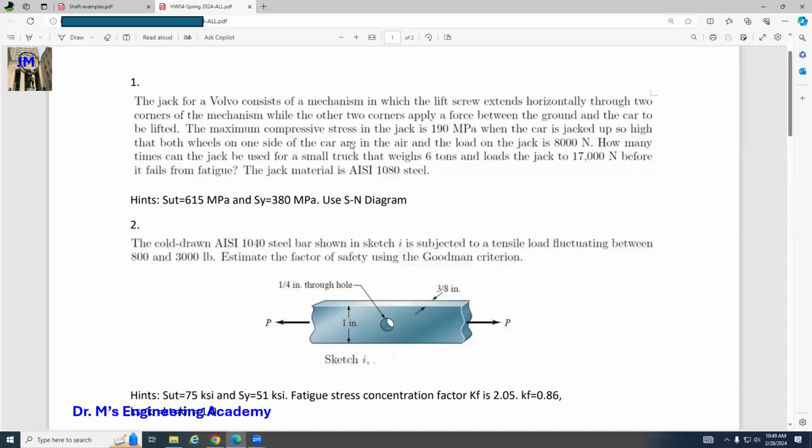You can simplify this and you will get pi over 32 rho d to the power 4 multiplied by th. Th is the thickness of your disk.